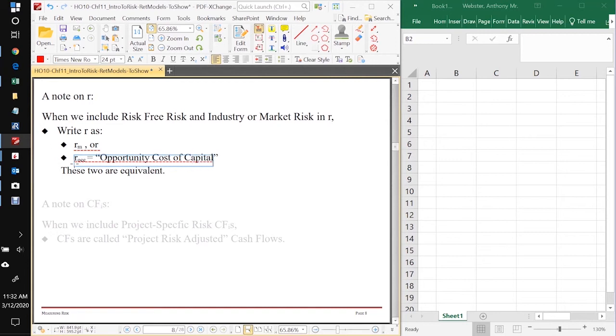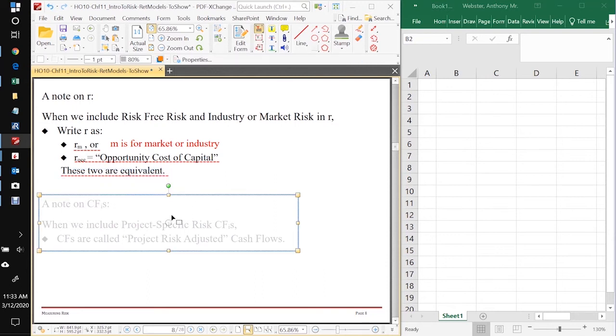ROCC is short for opportunity cost of capital, and M is for market or industry. So these two are going to be equivalent. As usual, in different textbooks or even different chapters of different textbooks, these two things switch, so you've just got to remember that these two are equivalent. You see RM, it means ROCC. See ROCC, same as RM.